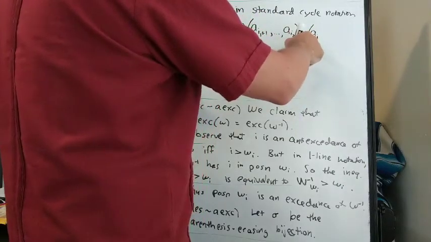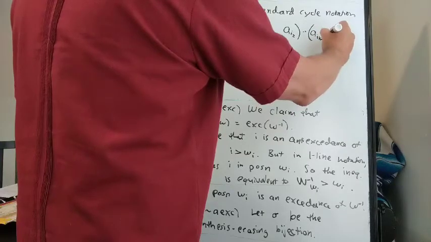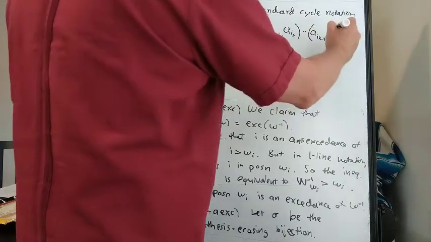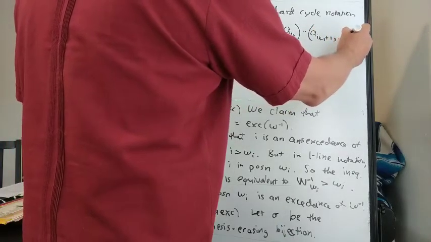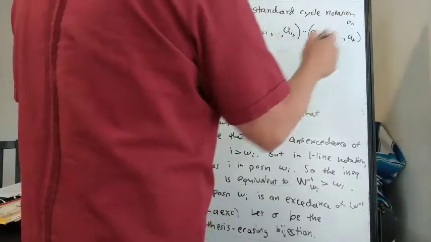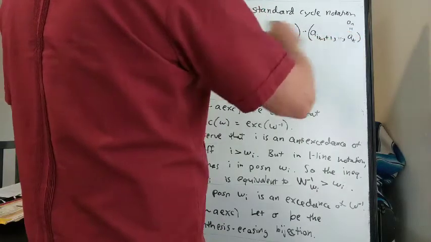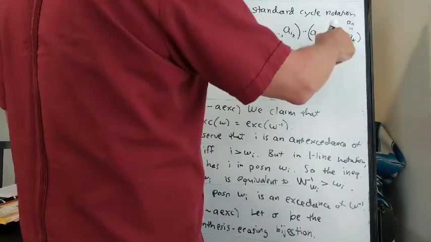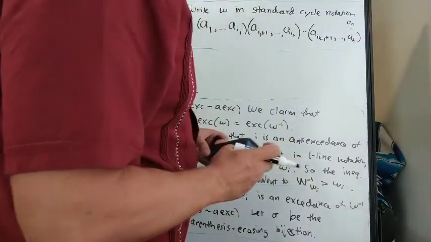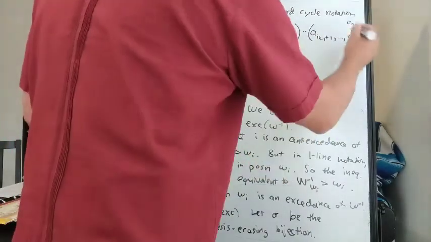So the second to last cycle is going to end at AIK minus 1, and the last cycle is going to start at AIK minus 1 plus 1. And by the time we get to the kth cycle, we know how many indices there are total: there's n. So IK is equal to n.